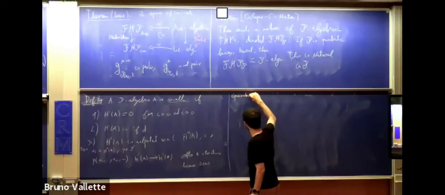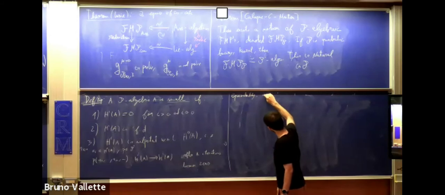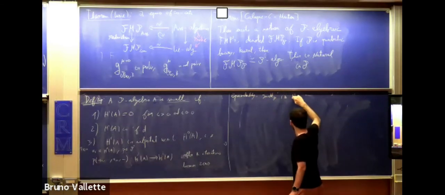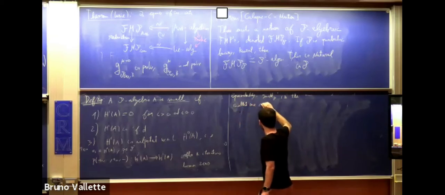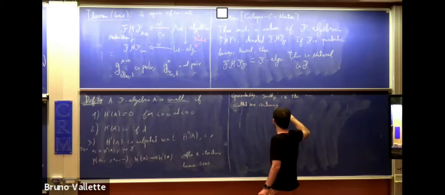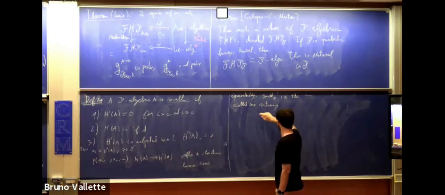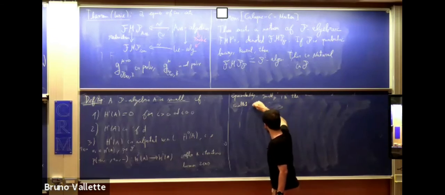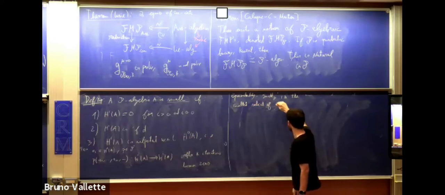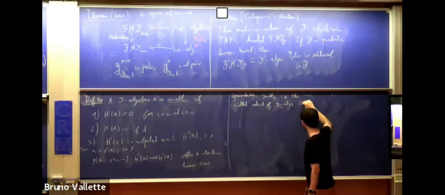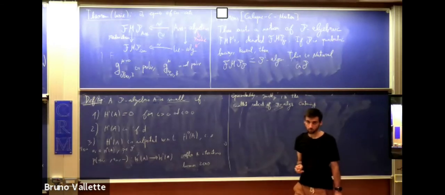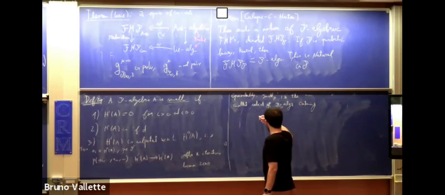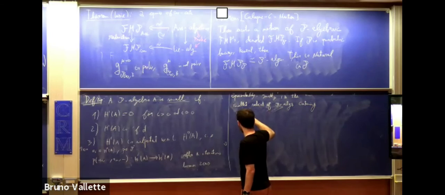Equivalently, the category that I will denote by small P is the smallest full subcategory of P-algebras containing the trivial algebras k living in degree minus n.